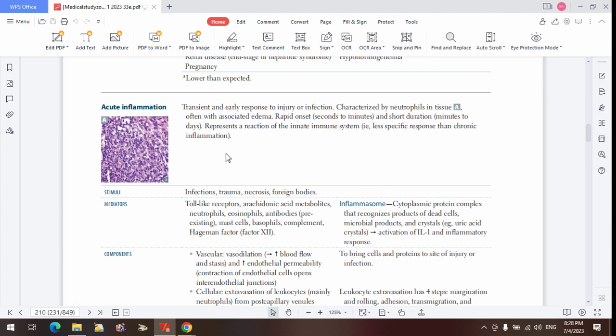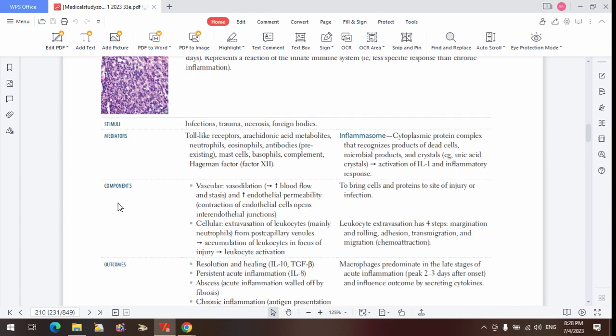The macrophages and dendritic cells can also elaborate other things like bradykinin, prostaglandin, and nitric oxide that will help with the vasodilation so that you can recruit more cells to that area. That's why the first thing you have in inflammation is vasodilation. We can see the vascular component of acute inflammation: vasodilation, causing increased blood flow.